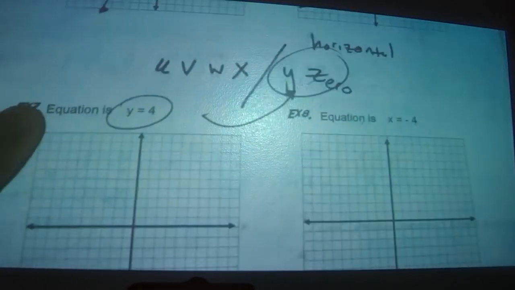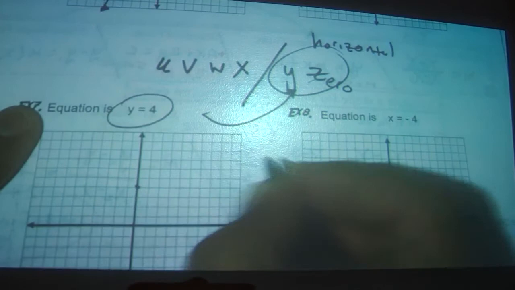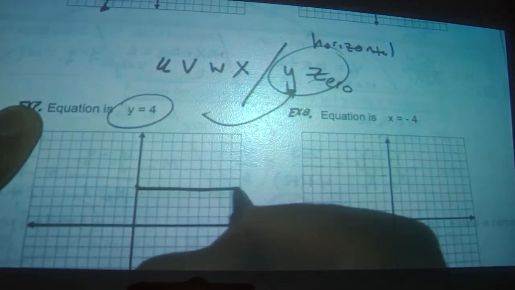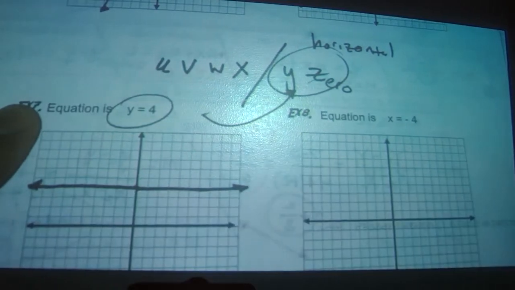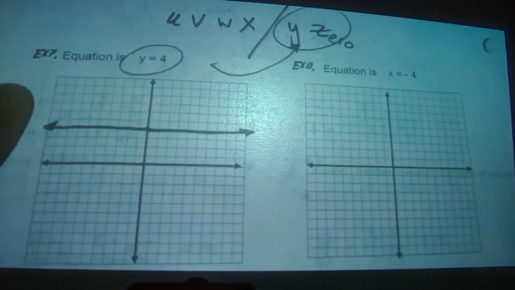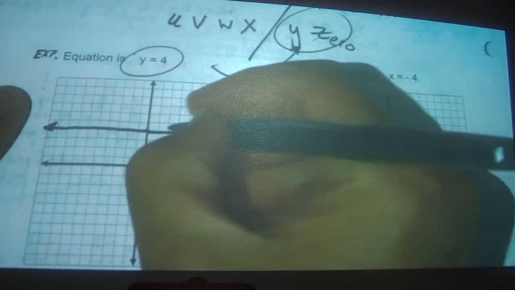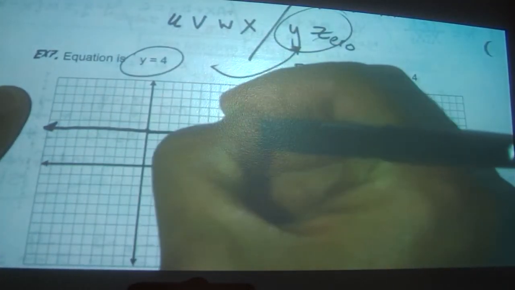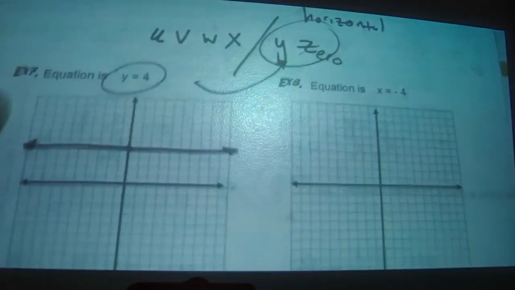That's going across, so I count on the y-axis, 1, 2, 3, to the 4, and now I just have my straight line going across. That's the line y equals 4. Every point: 0, 4, 1, 4, 2, 4, 3, 4, 4, 4, 5, 4, 6, 4. Every single point on that graph has the same y value.